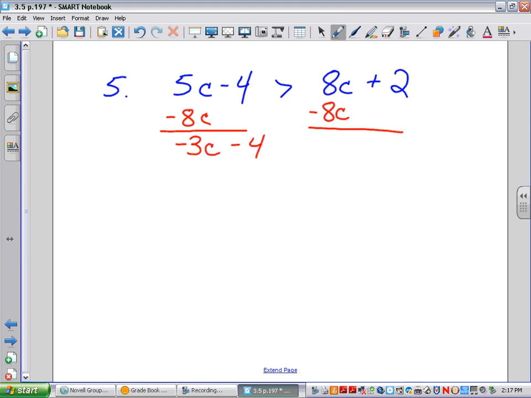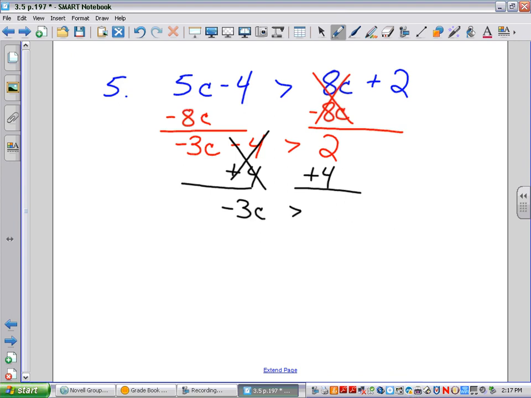minus 4 greater than, mark those out, 2. Then add 4. Mark those out. Adding 4, negative 3c is greater than 6.